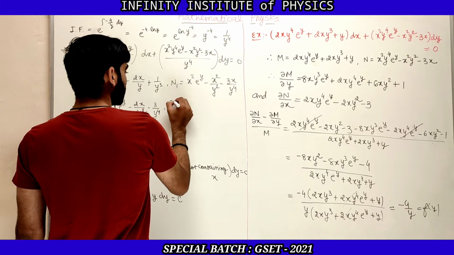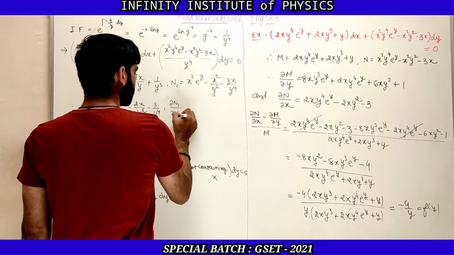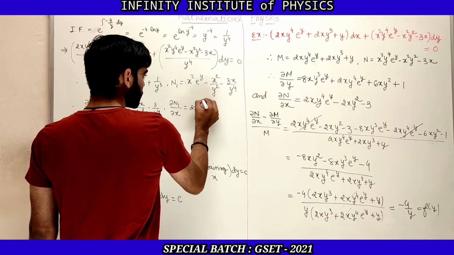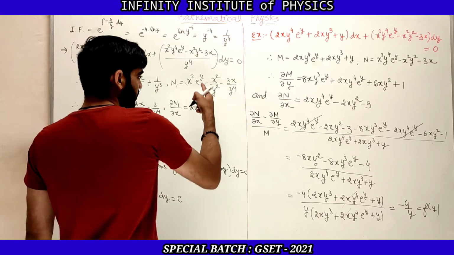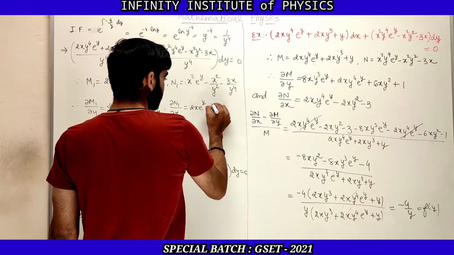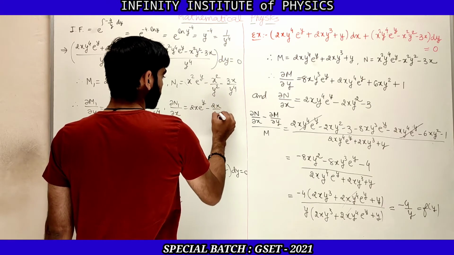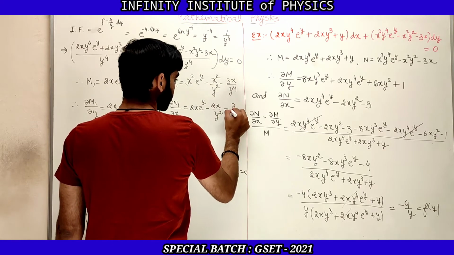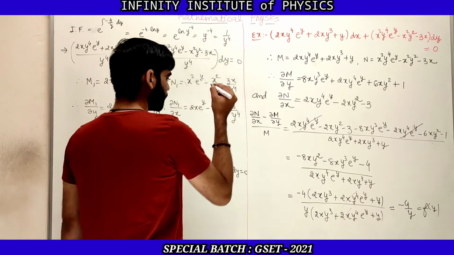And let us find ∂N1/∂x. The differentiation of x² e^y is 2x e^y, the differentiation of minus x² by y² is minus 2x by y², and the differentiation of minus 3x by y⁴ is minus 3 by y⁴.